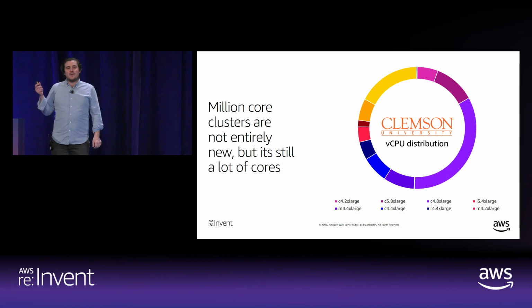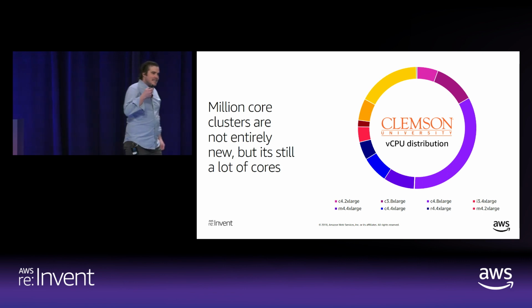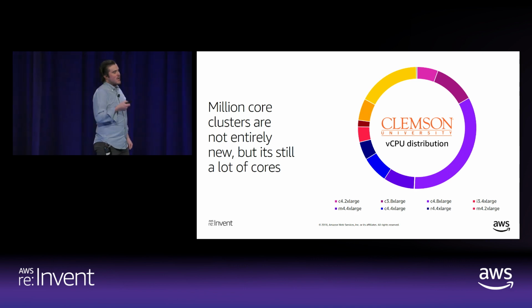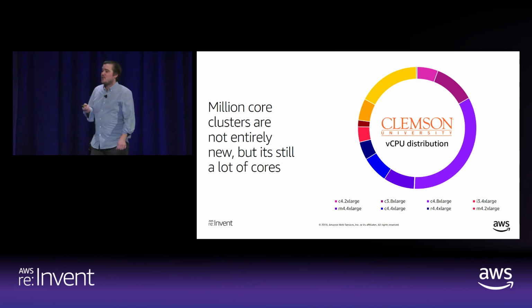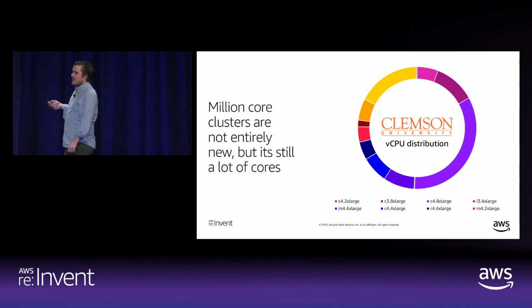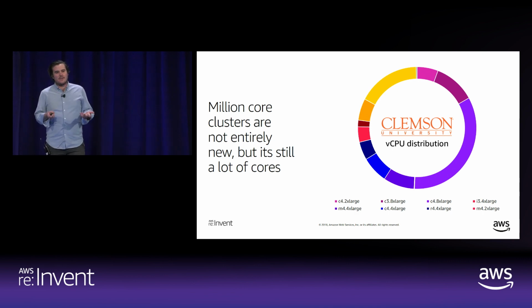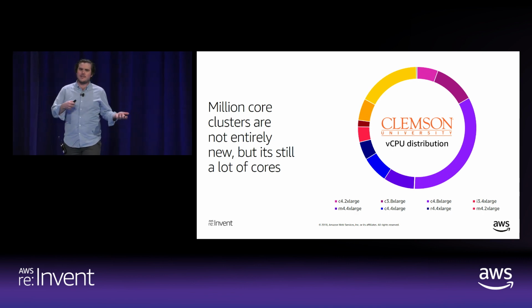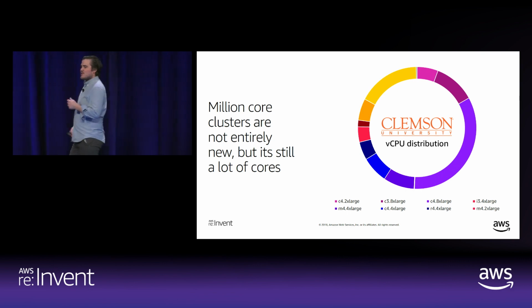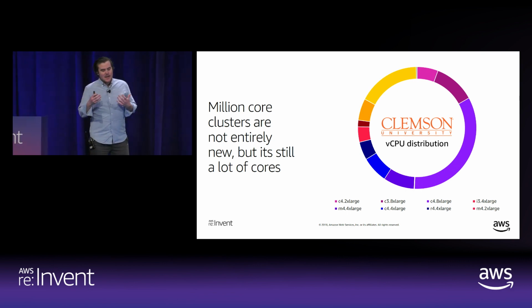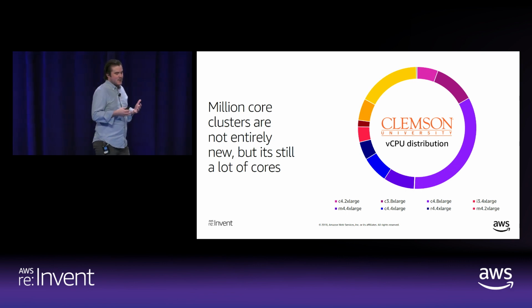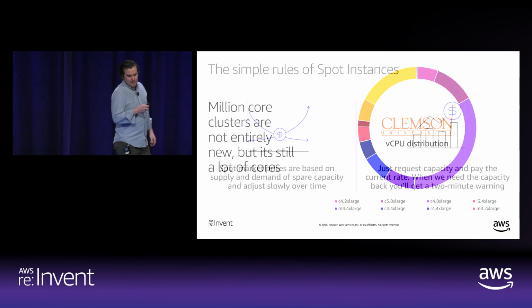And that's how they were able to achieve this tremendous scale. And this is also how customers are able to run consistently in the spot market for production workloads by saying, well, hey, if you don't have any C4.8XLs, I can take some C3.8XLs if I need to. So that's the idea behind spot, is being able to take advantage of these capacity pools.